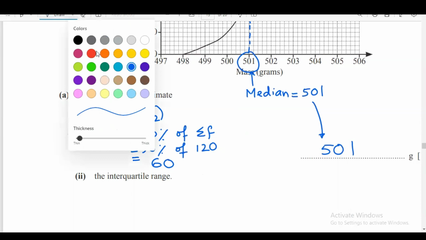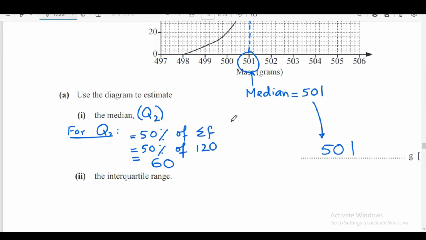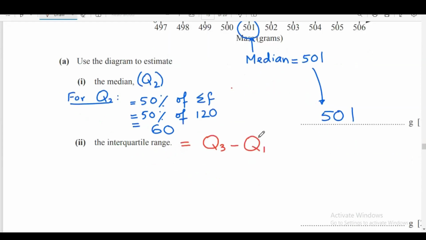Now, in the second part, the interquartile range. First, you should know the formula for interquartile range: Q3 minus Q1. To find Q3 and Q1, we first have to find 75% of sigma f for Q3 and 25% of sigma f for Q1.